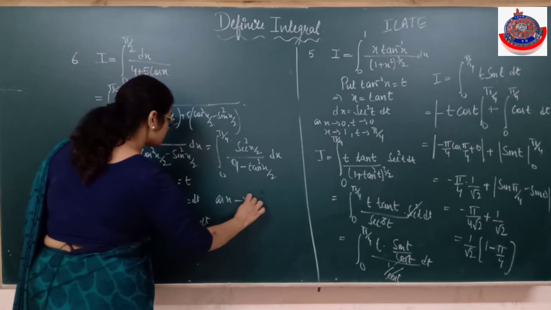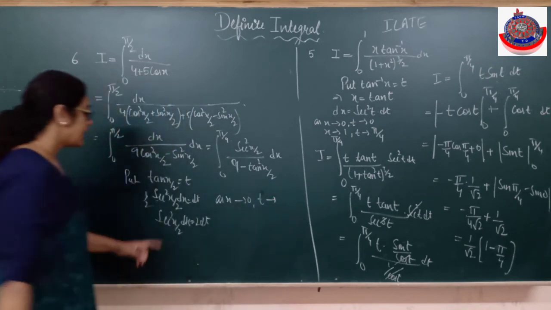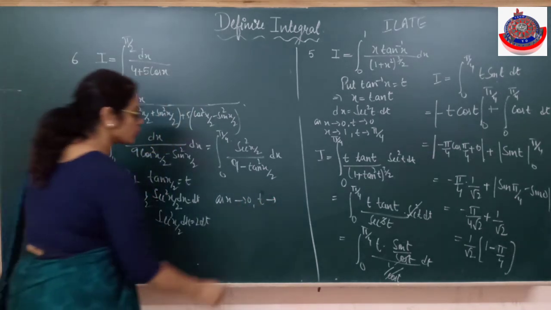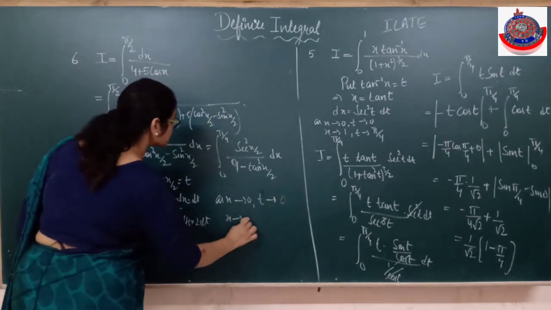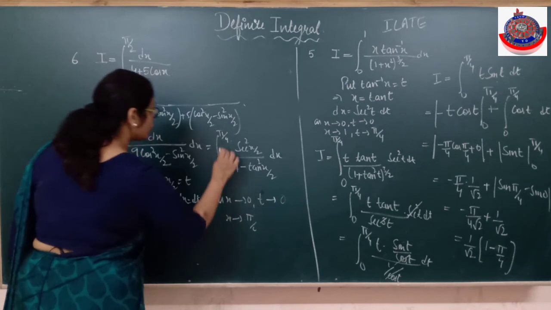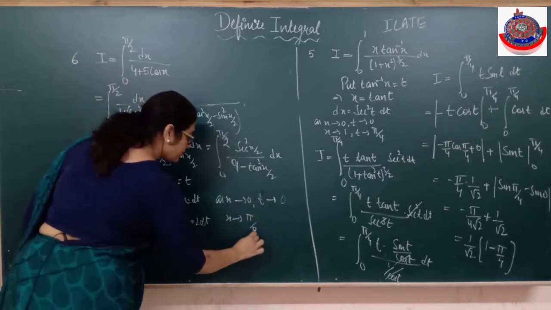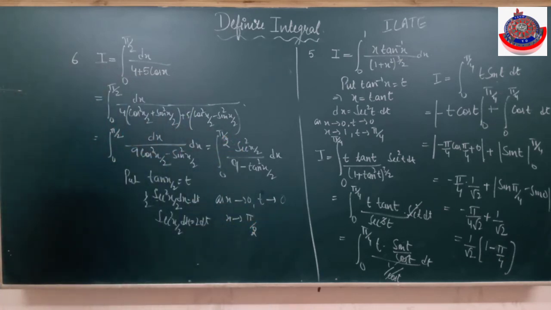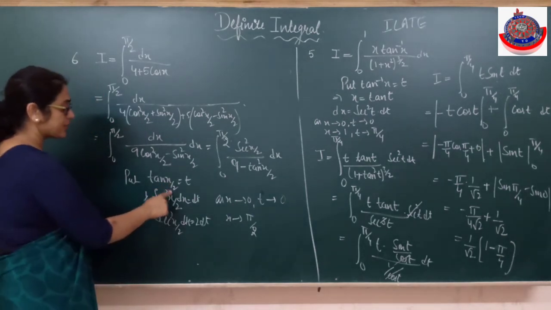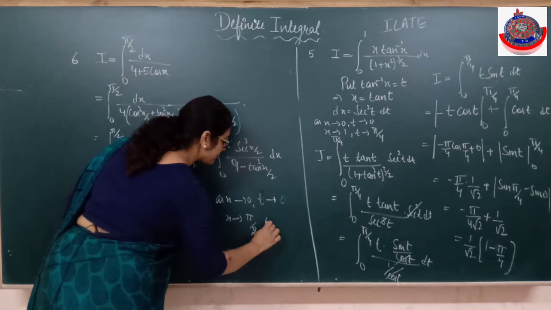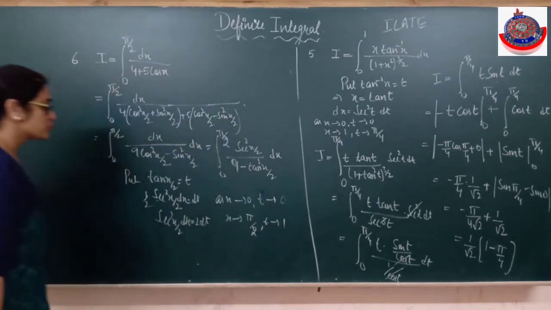As x approaches 0, t will approach what? I'll put 0 here. Tan 0 is 0, so t will also approach 0. As x approaches pi by 2, put pi by 2 in place of x. Pi by 2 by 2 will become pi by 4. Tan pi by 4 is 1. So t will approach 1.